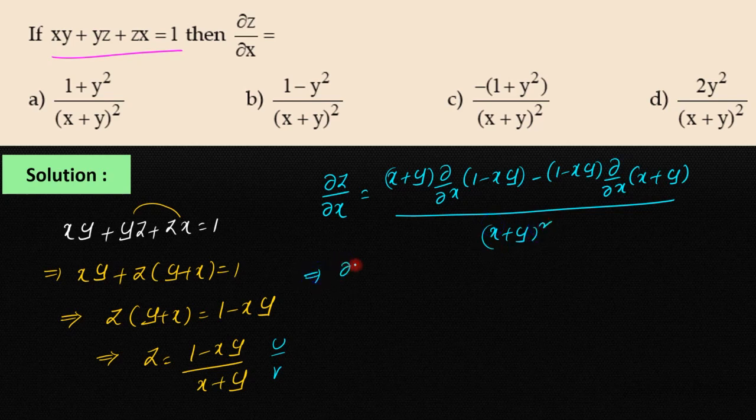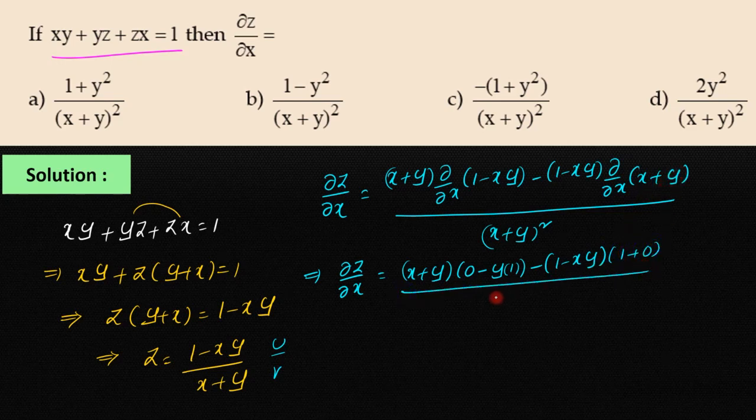This implies dou z by dou x is equals to x plus y into dou by dou x of 1 is constant, so differentiation is 0, minus, here partially differentiating with respect to x, y is constant, y into differentiation of x is 1, minus of 1 minus xy into, here differentiation of x is 1 plus differentiation of y is constant, so 0, divided by x plus y whole square.